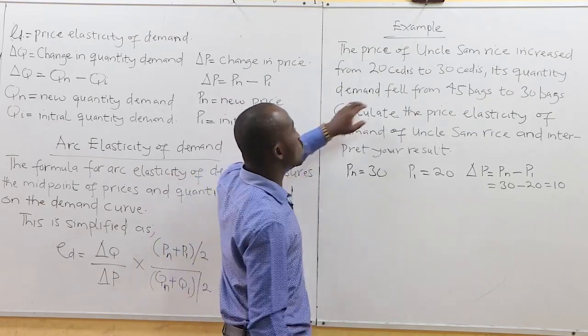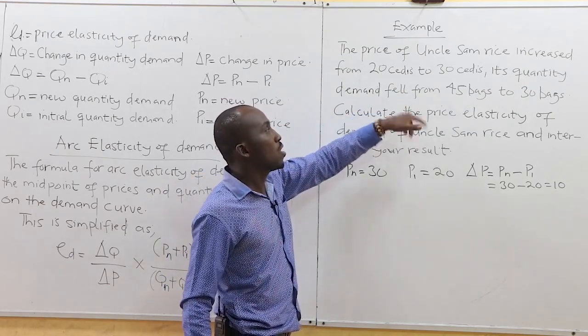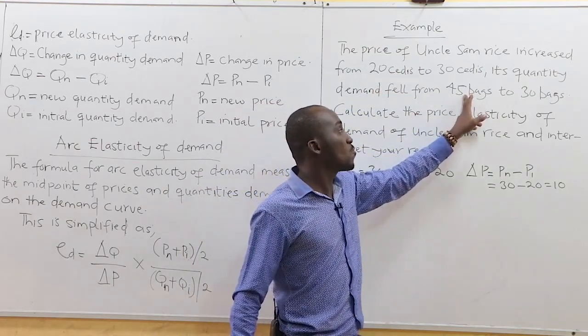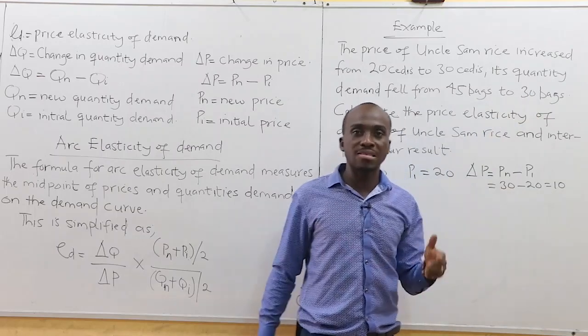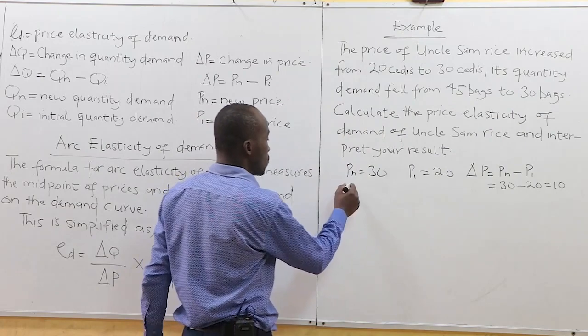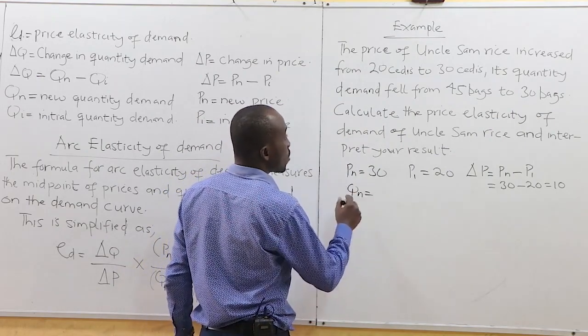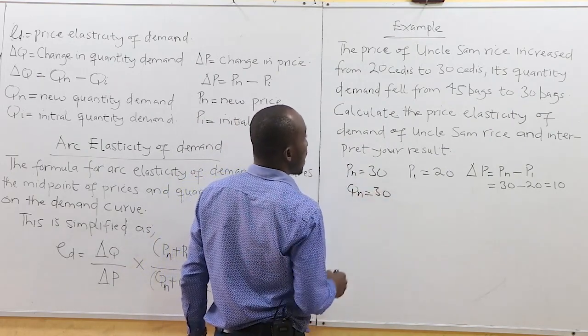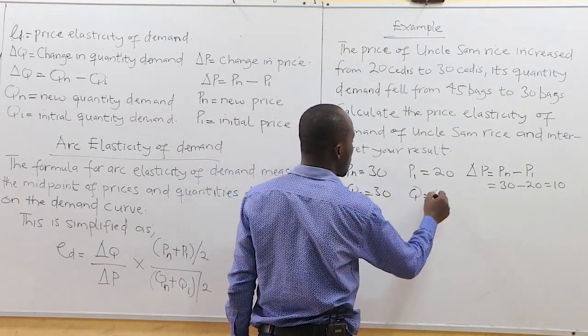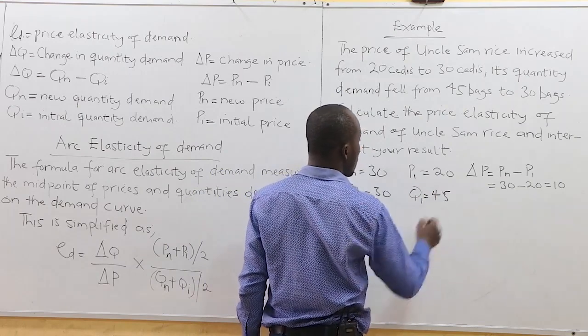The quantity also decreased or fell, because price increased, quantity decreased. From 45, it went to what? 30. You know the law of demand says that whenever the price increases, quantity falls. So the new quantity now is 30. And the initial quantity, or the old quantity, was 45.